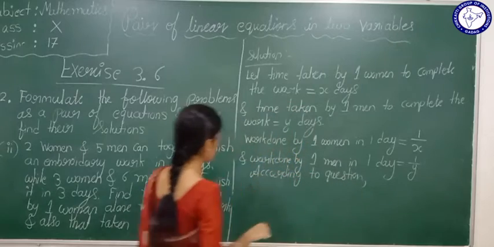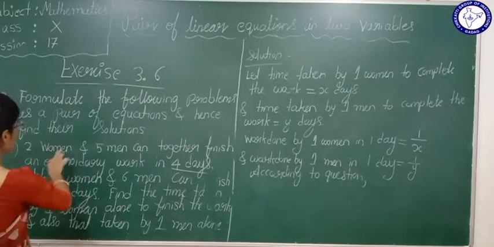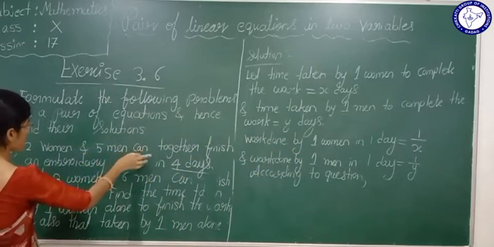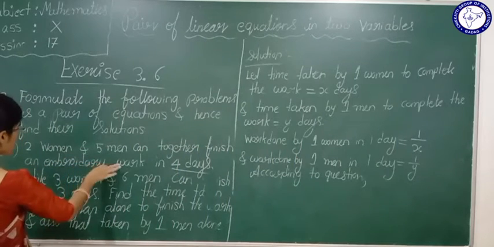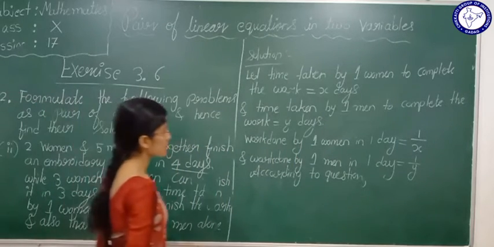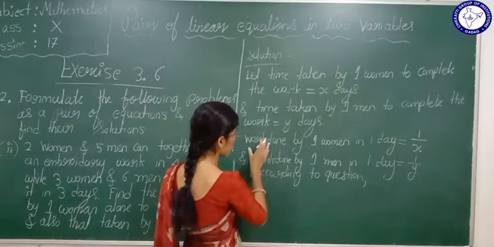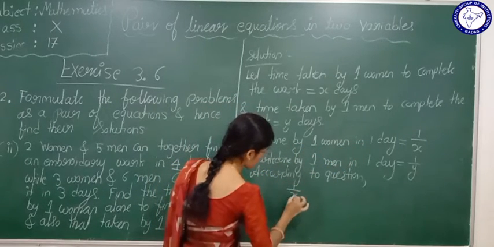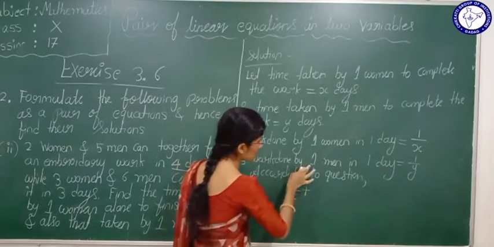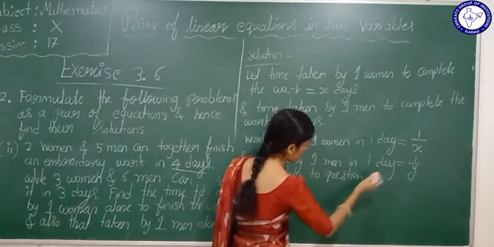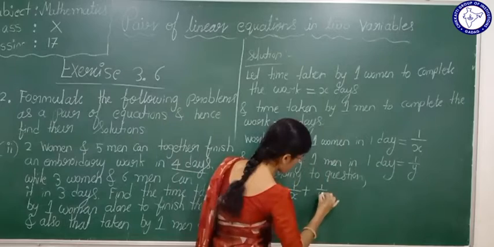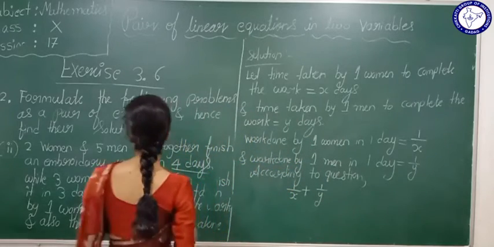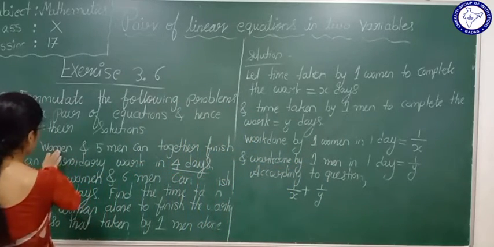So now see, 2 women and 5 men can together finish an embroidery work in 4 days. The work done by one woman in 1 day is 1 by x and the work done by one man in 1 day is 1 by y. Now what is the work done by 2 women?